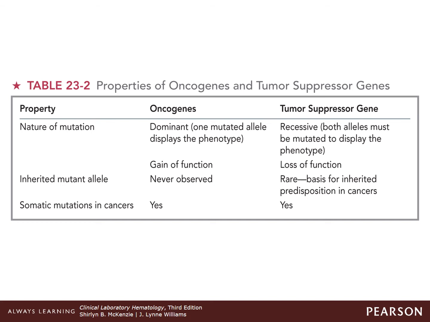But another property are tumor suppressor genes, which function to inhibit cell growth in normal cells. So in addition to the oncogene activation that results in growth promotion, tumor cells often have an inactivating mutation of suppressing growth that can contribute to tumor development. So these are both ends of the spectrum.